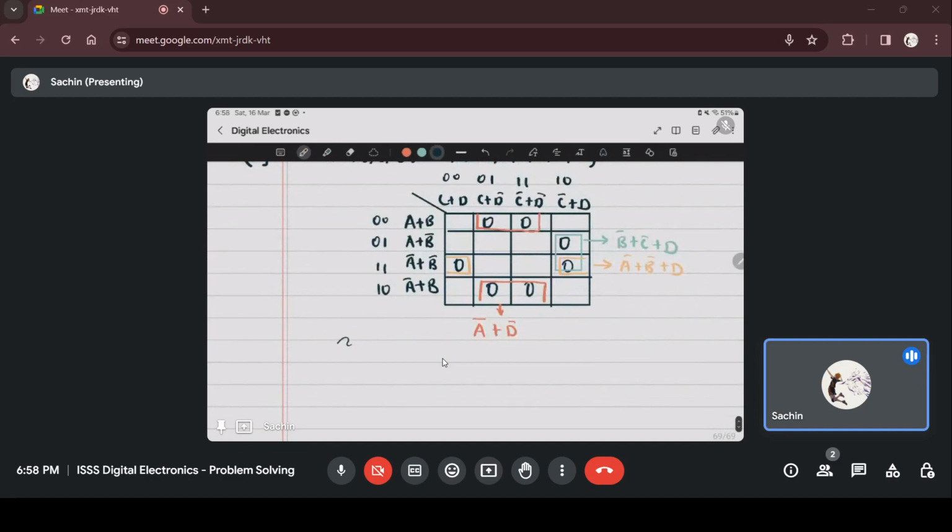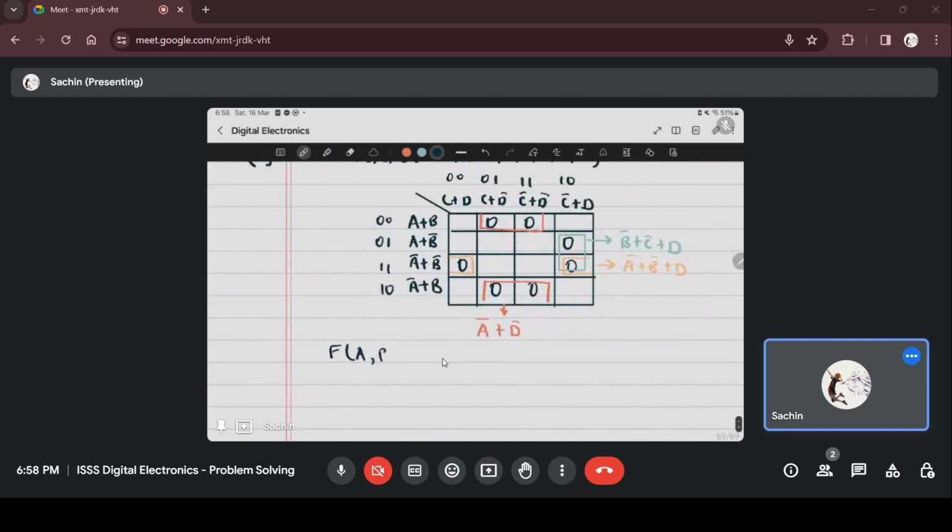So the simplified expression of the function is f of a b c d equals a bar plus d bar, into b bar plus c bar plus d, into a bar plus b bar plus d. That is problem 3.12.